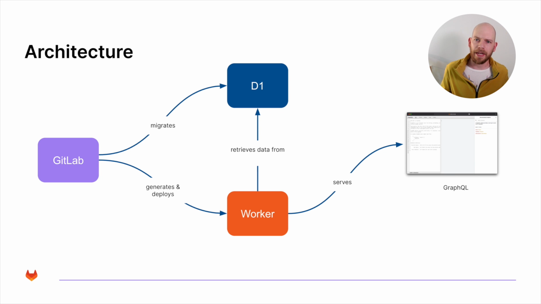Once the user creates that model in the GitLab UI, a job will create the migrations for the DB. At the same time, we will generate a JavaScript app from those model definitions and deploy that to a Cloudflare worker. That app interacts with D1 for data storage and has a GraphQL API as a front end.